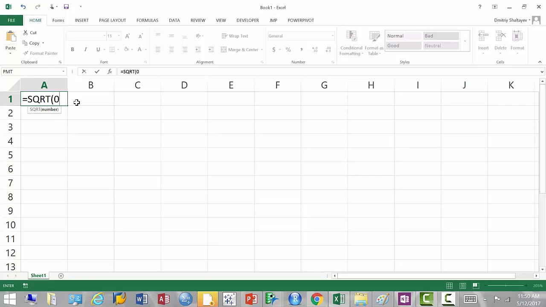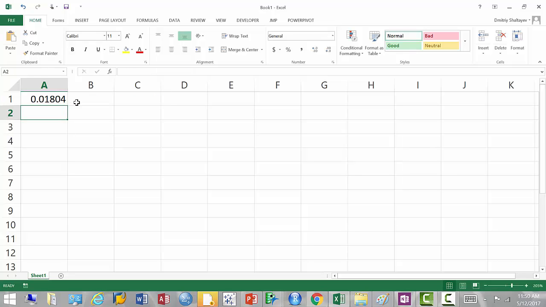And I have to put 0.53203 times 1 minus 0.53203, and all of that divided by 765, close the brackets. So that's basically my standard deviation from the sample.